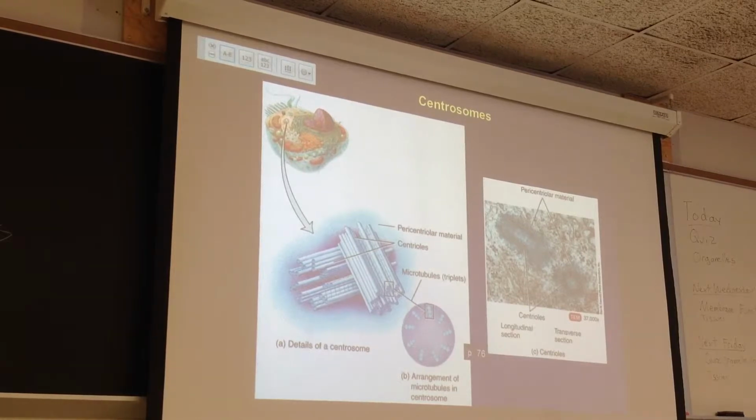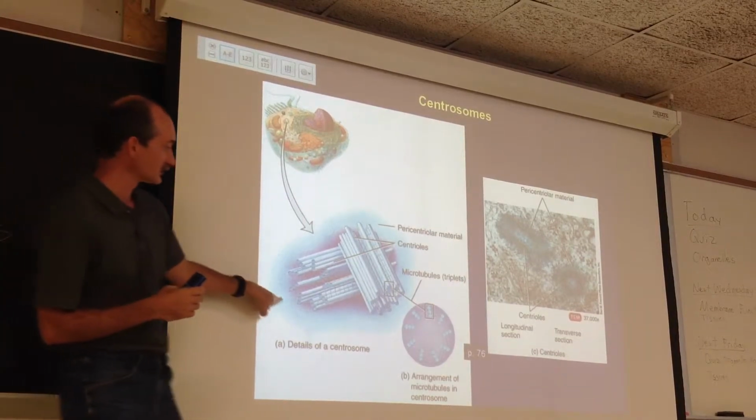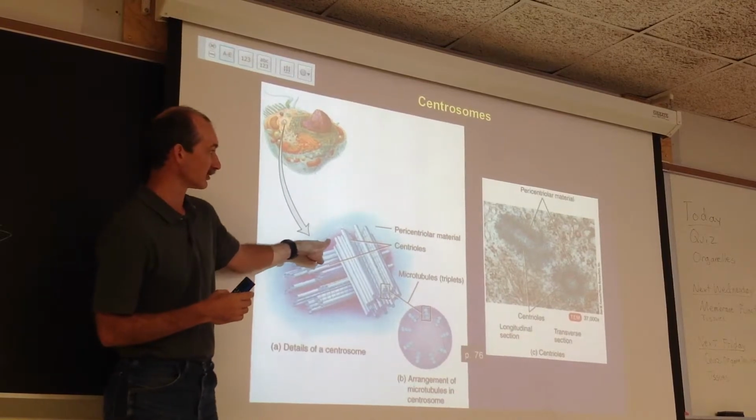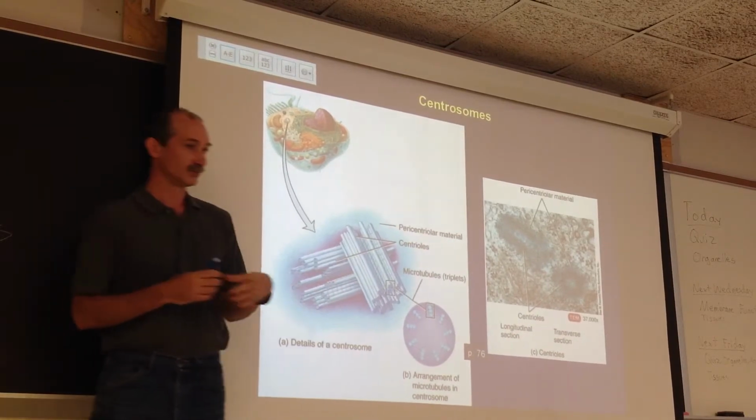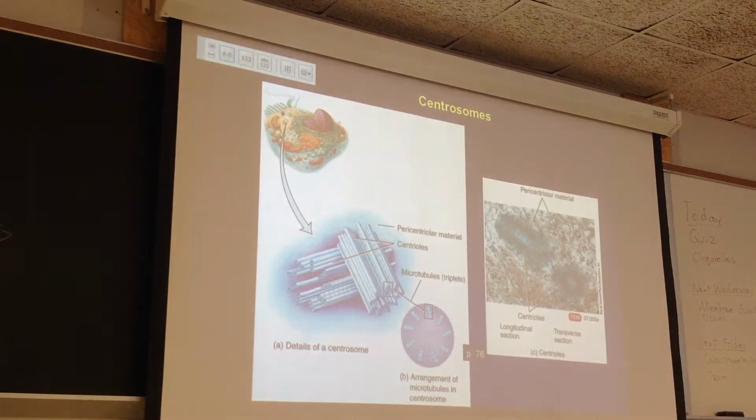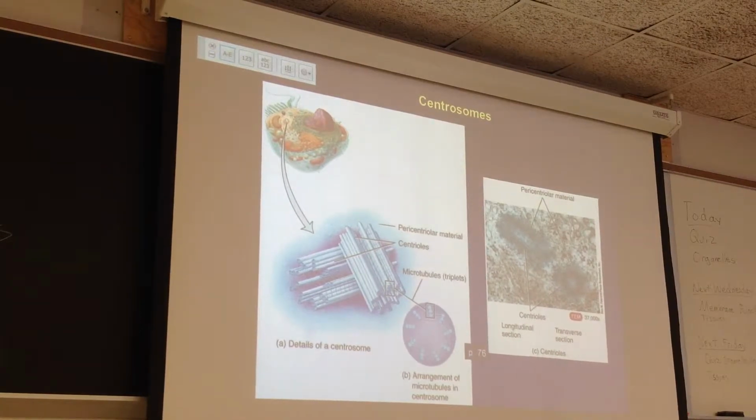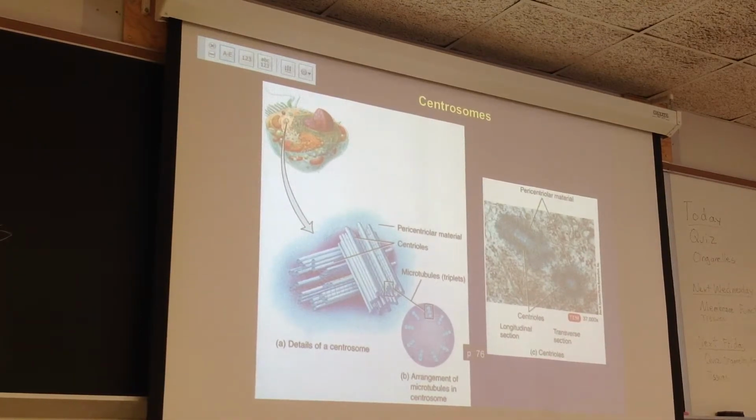So again, they're linked structurally and functionally with the last two things, particularly with microtubules. These are made of microtubules. This pericentriolar, darkly staining area around it has lots of little formed elements of joined tubulin molecules, and apparently this is where microtubules get assembled.